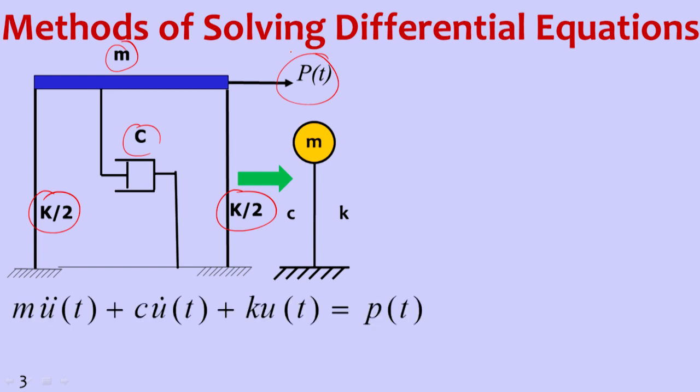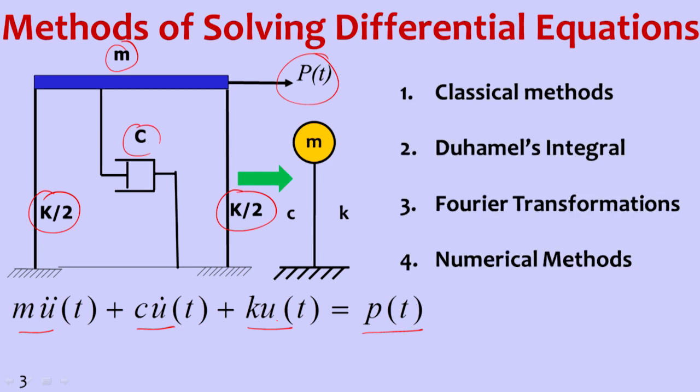So, the equation of motion or governing differential equation will be of the form m u double dot plus c u dot plus k u is equal to P. So, P is a force and this m u double dot, c u dot and k u are inertia force, damping force and stiffness force respectively.